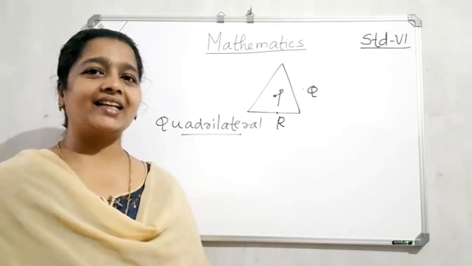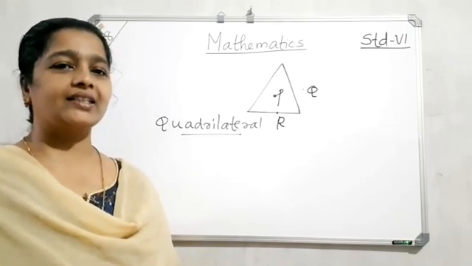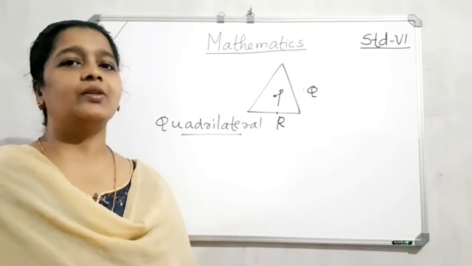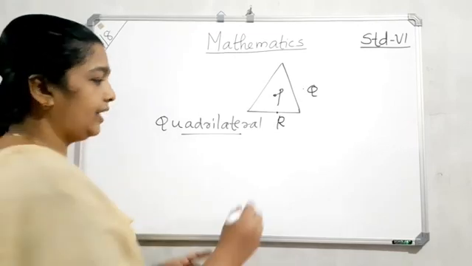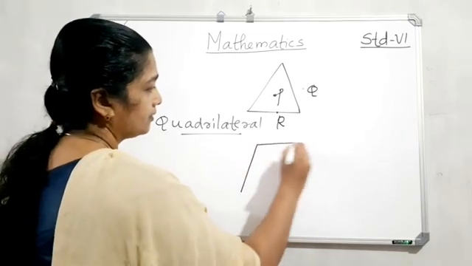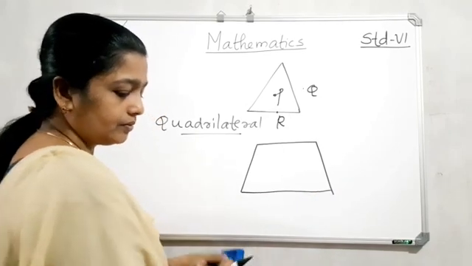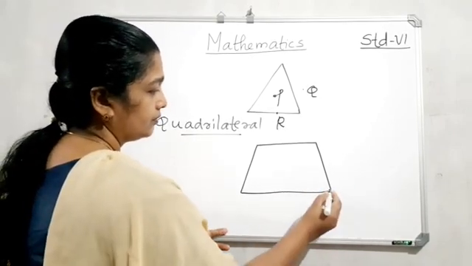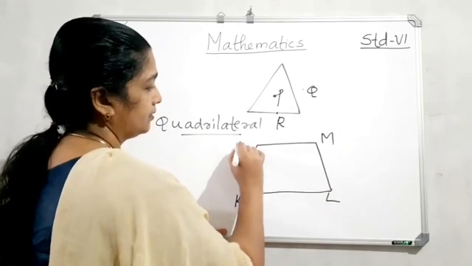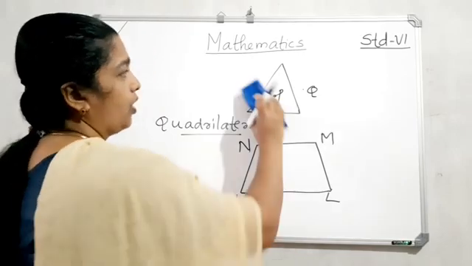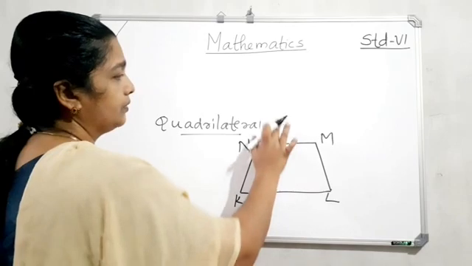Next we go to the next topic, quadrilateral. What is a quadrilateral? A quadrilateral is a 4-sided polygon. Clear? So we can draw a quadrilateral KLMN.